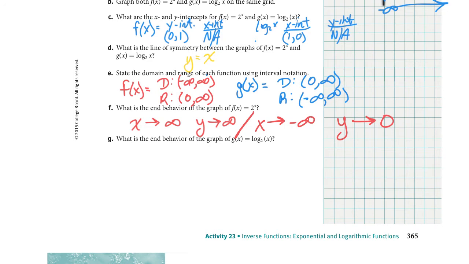And then our second function, as we go further and further to the right, that's positive infinity, this function is approaching positive infinity.